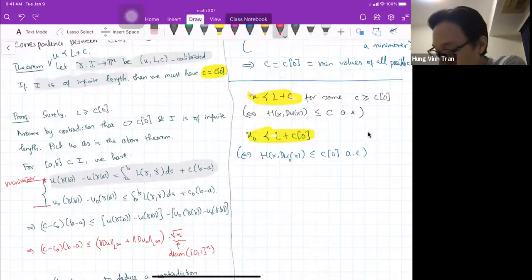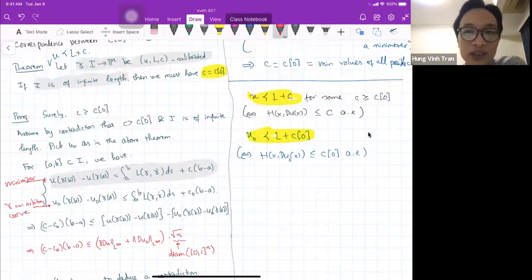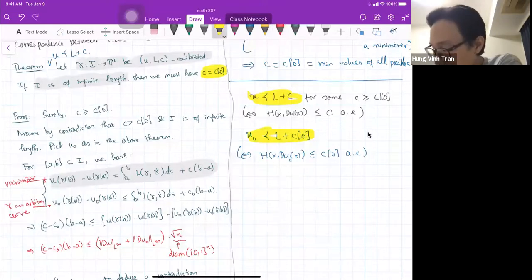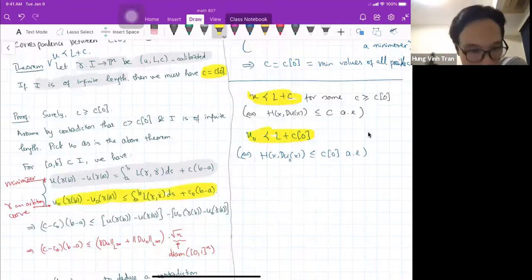The second thing I'm using is just that gamma is an arbitrary curve, and because U naught is dominated by L plus C naught, I have inequalities. So in the second point, I have that the action functional of L plus C naught is always greater than or equal to U naught of gamma(b) minus U naught of gamma(a).